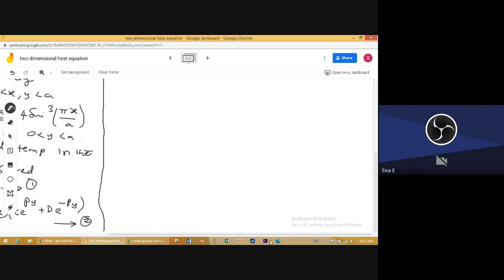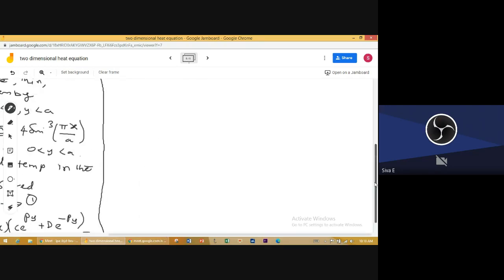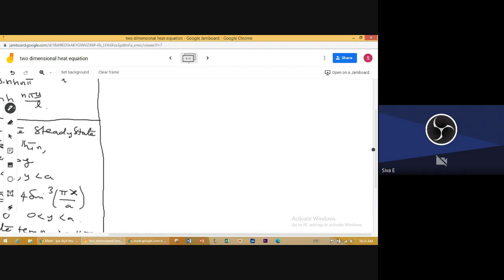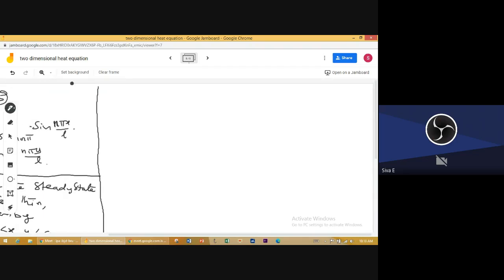Okay. So what are the boundary conditions? Can anyone tell me? First you have to write the zero boundary conditions, then the non-zero boundary condition. Boundary condition 1 is u(0, y) = 0.